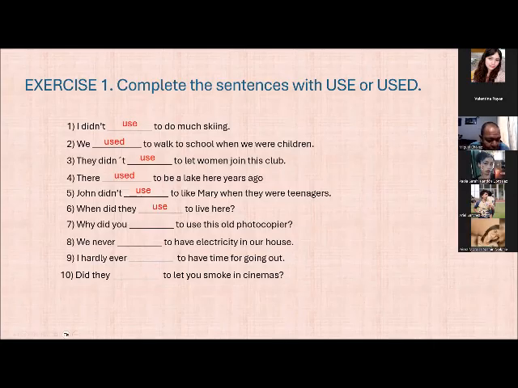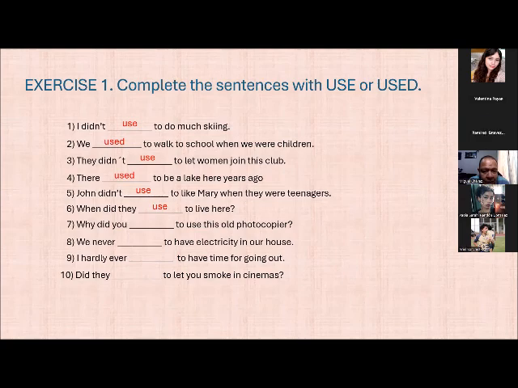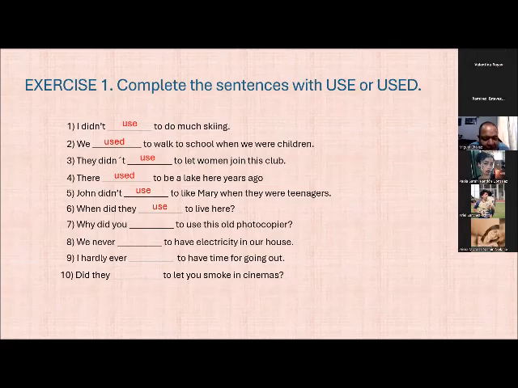Okay, Norma Guadalupe, next, please. Norma, then Alejandra Camila. Why did you use it? Do they use this whole photocopier? Thank you so much for your help.